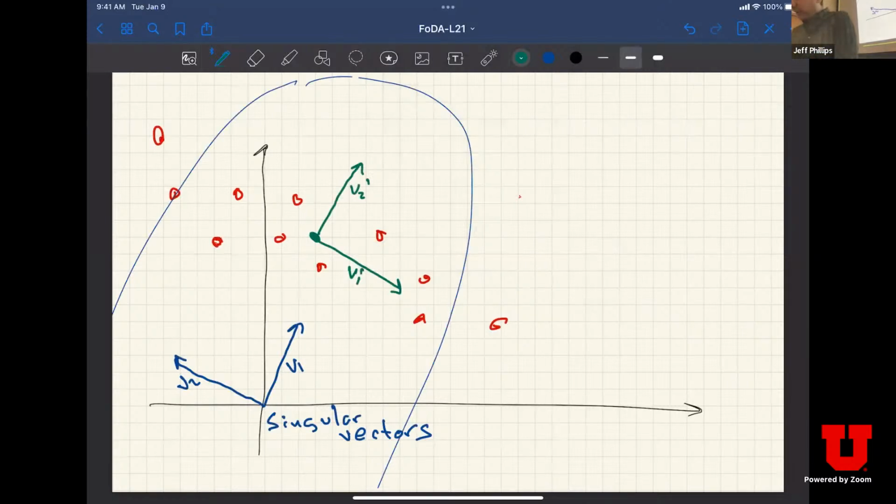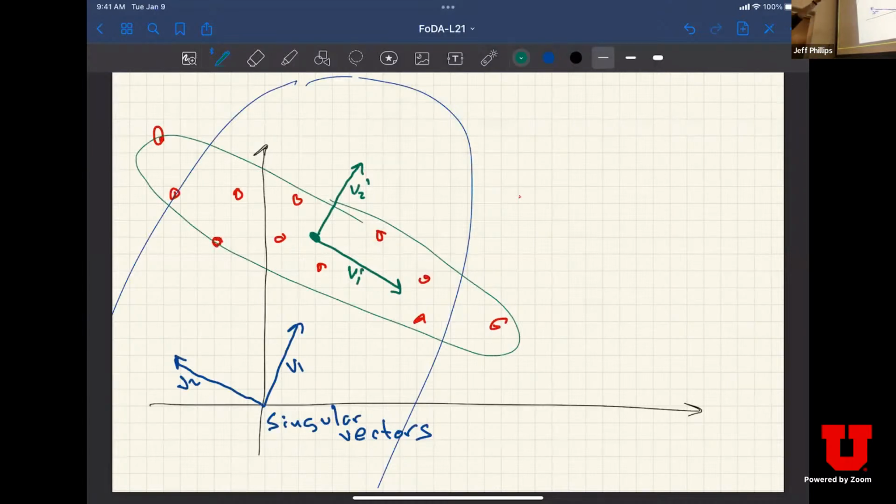And then I'm going to draw an ellipse that captures it. That's going to look something like this instead, where I'm capturing the shape of the data. I'm not restricting it to go through the origin. Forcing it to go through the origin is not a useful thing to do here.